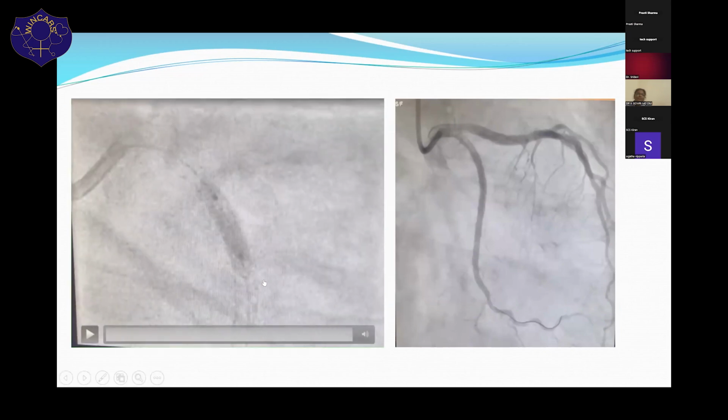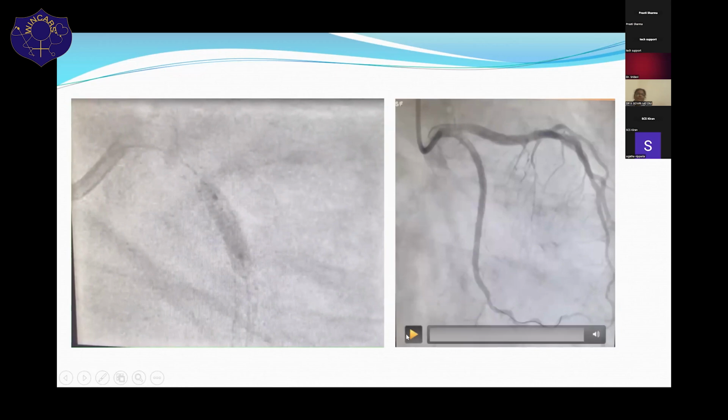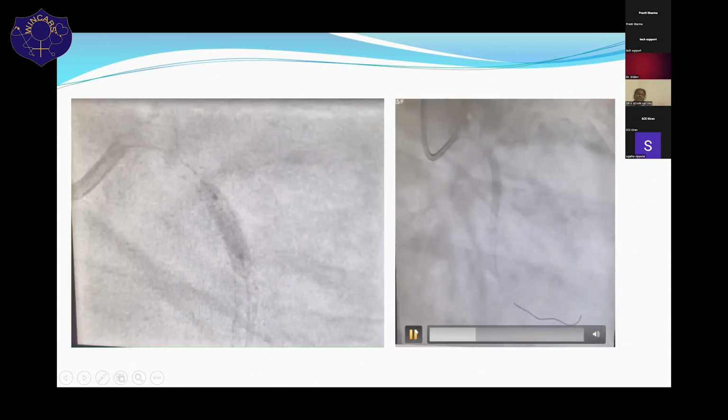And after this, we did not do any OCT run, but we took a final shot, which was good. TIMI 3 flow was established.